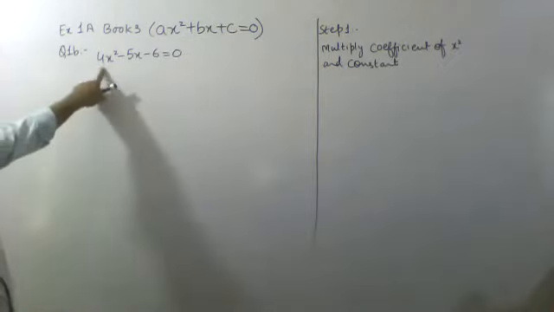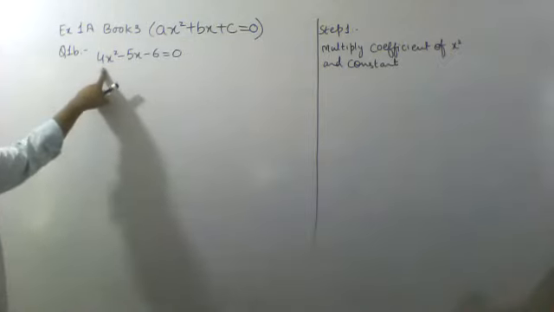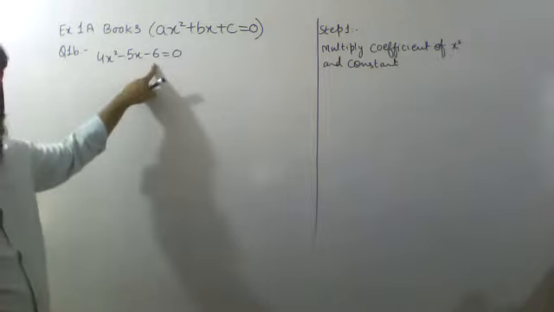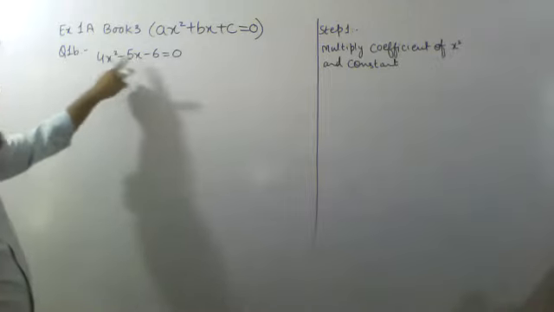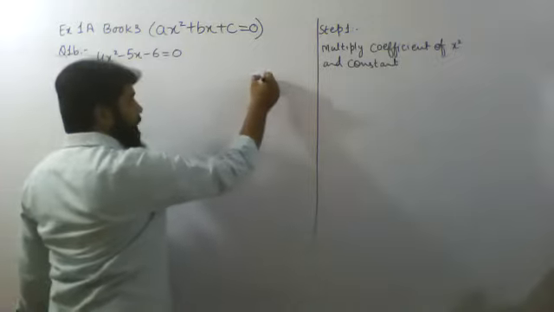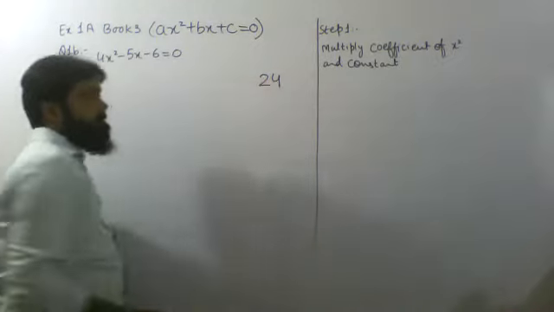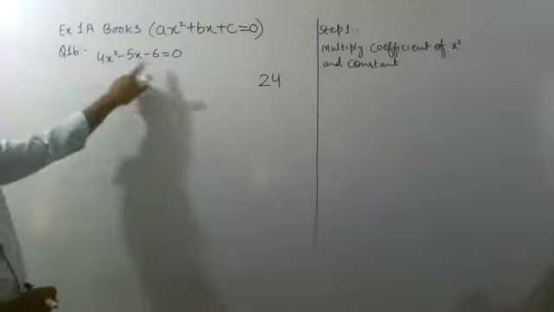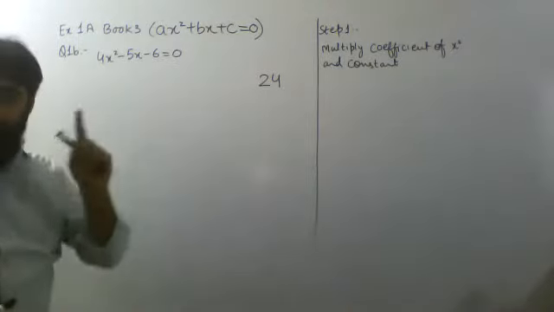You are going to multiply the coefficient of x square with the constant. Okay. So when I multiply 4 sixes are 24. 4 sixes are 24 is coming. That's your first step.